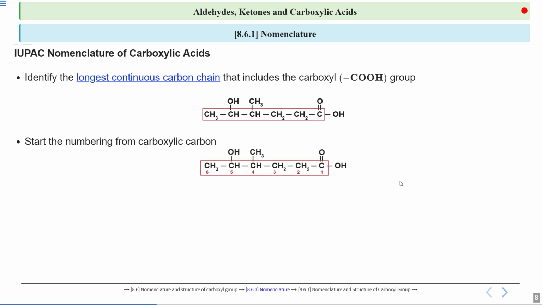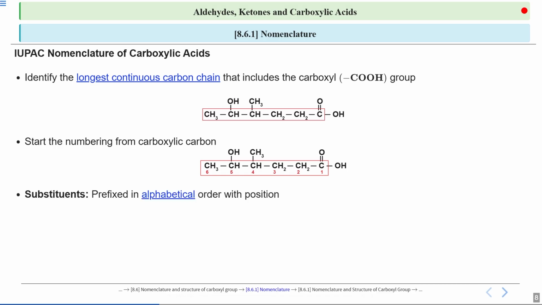In this image, we have started the numbering from the carboxylic carbon, which got the number 1, and then 2, 3, 4, 5, 6. In this way we start the numbering from the carboxylic group.